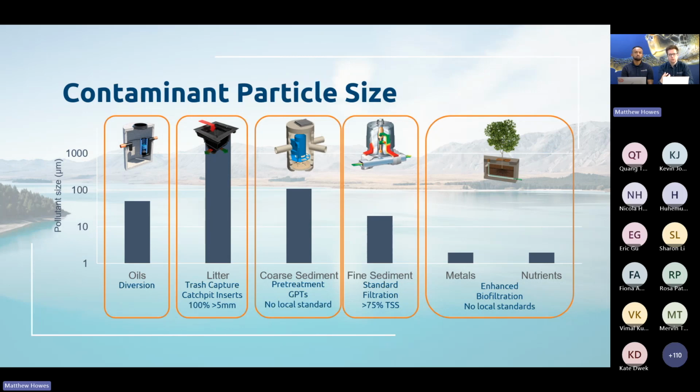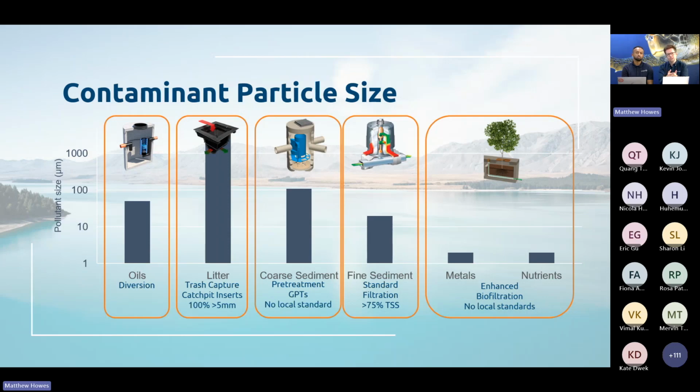For things like dissolved metals and nutrients, I encourage you to go and search out our nutrient webinar from I think last year or maybe the year before, where we discuss the ways and methods to remove phosphorus and nitrogen from stormwater runoff. This particular webinar will look primarily at the sediment component of stormwater runoff.